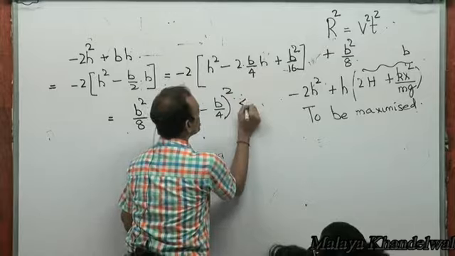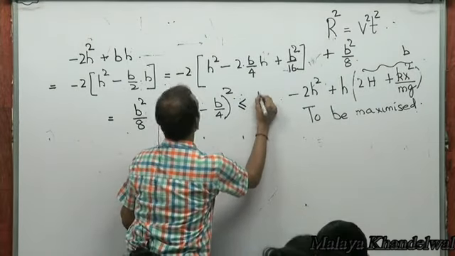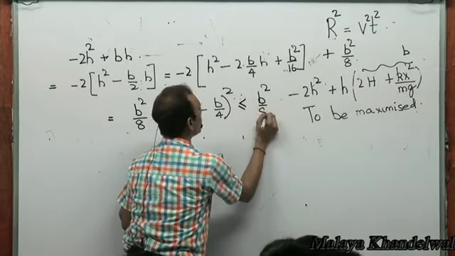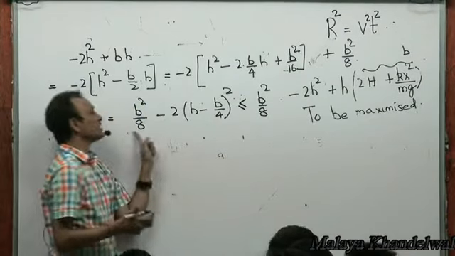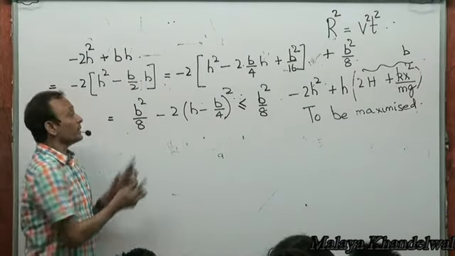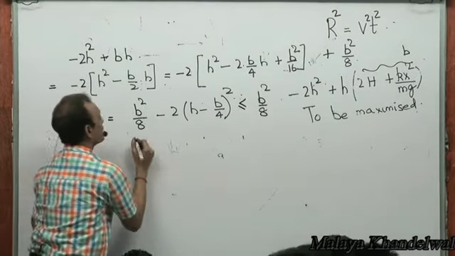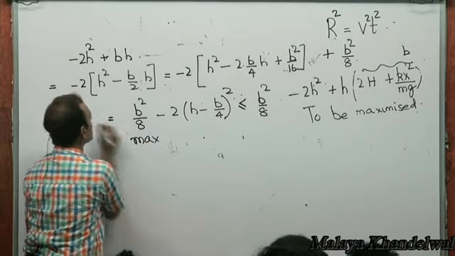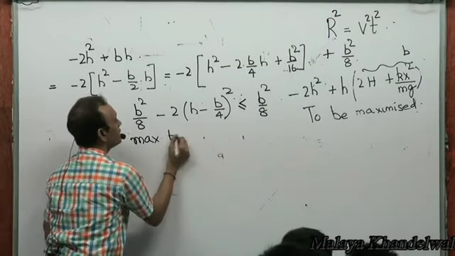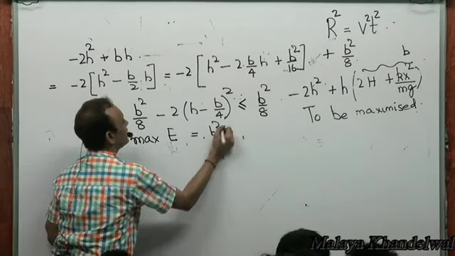So this expression will always be less than or equal to b squared by 8. That means the maximum value of this expression E, max E, is b squared by 8.